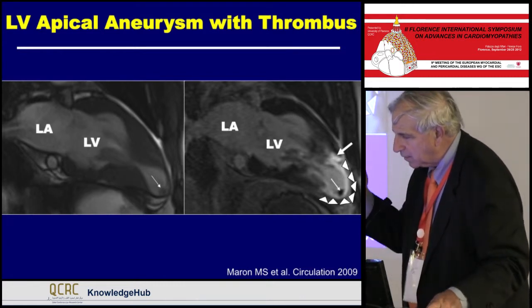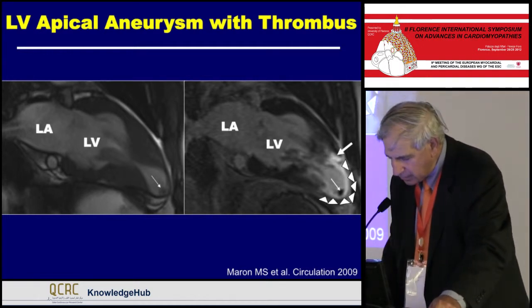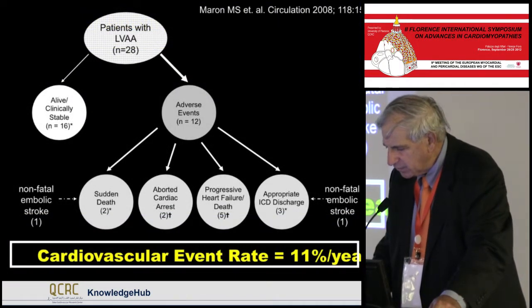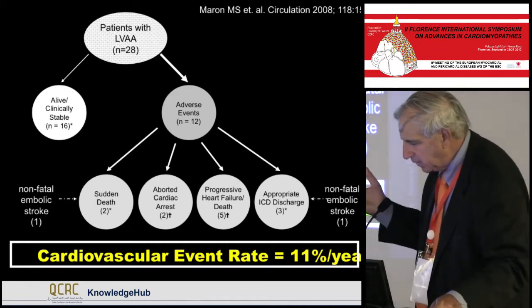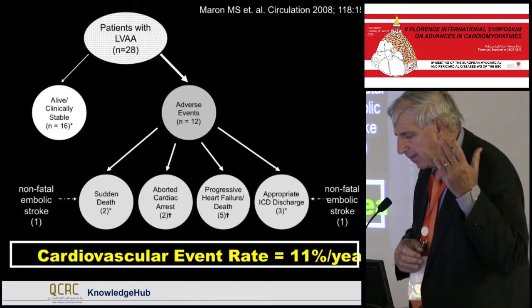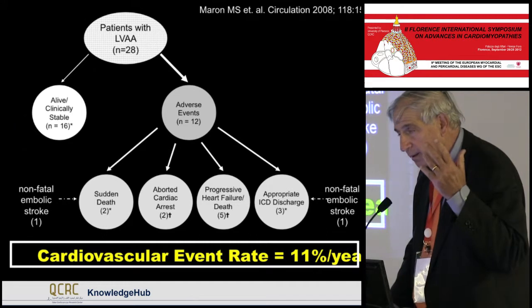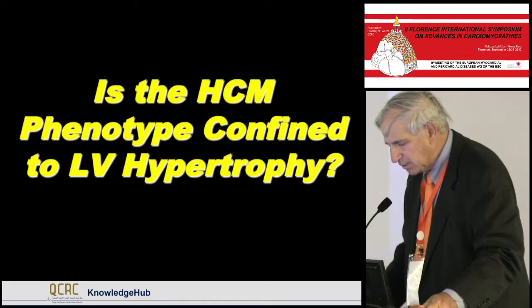It's apical scarring with the aneurysm. That's the lesion, apical scarring, and it is relevant to risk. Cardiovascular event rate, at least in the first group of patients that were identified, in Minneapolis and Tufts, over 10%. So again, very relevant observations.